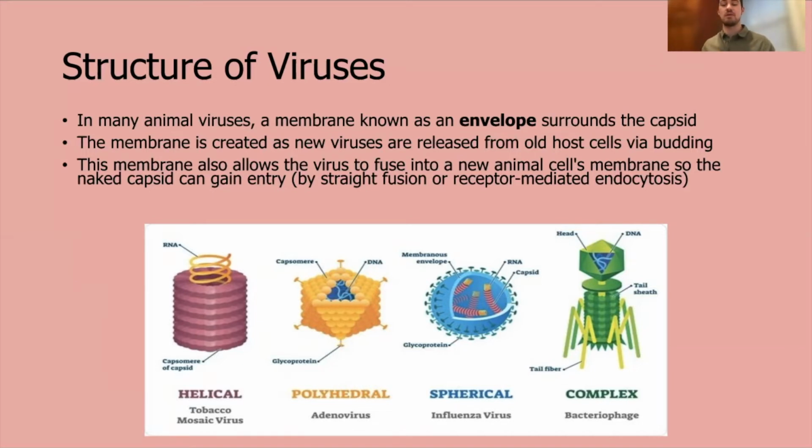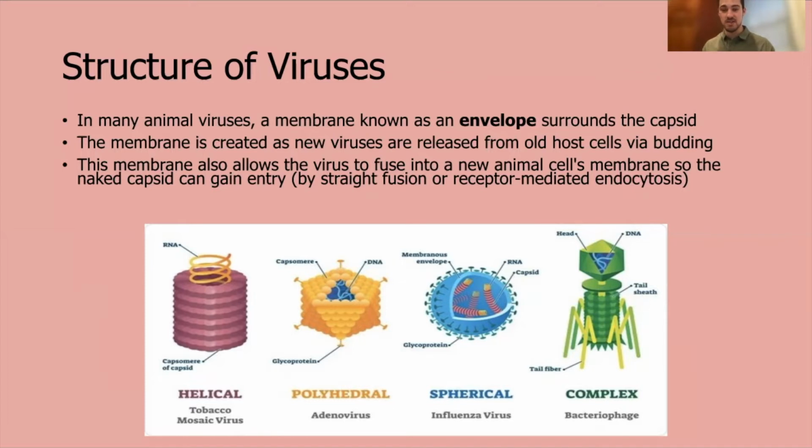This is also accomplished by receptor-mediated endocytosis. Those glycoproteins that we can see, for example, on the spherical influenza virus, can interact with surface receptors of regular cells. These surface receptors are used in everyday functioning for other purposes. The virus is hijacking this function and using it for its own benefit against the host cell's health.